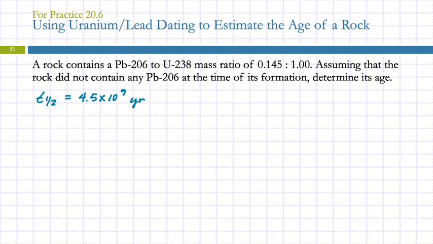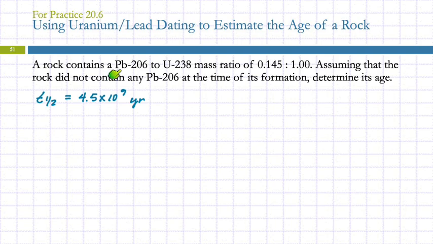Now, this is a little trickier because this ratio is how much lead-206 is currently here divided by the uranium-238 that was originally present. And this is the issue that Scott anticipated, right?